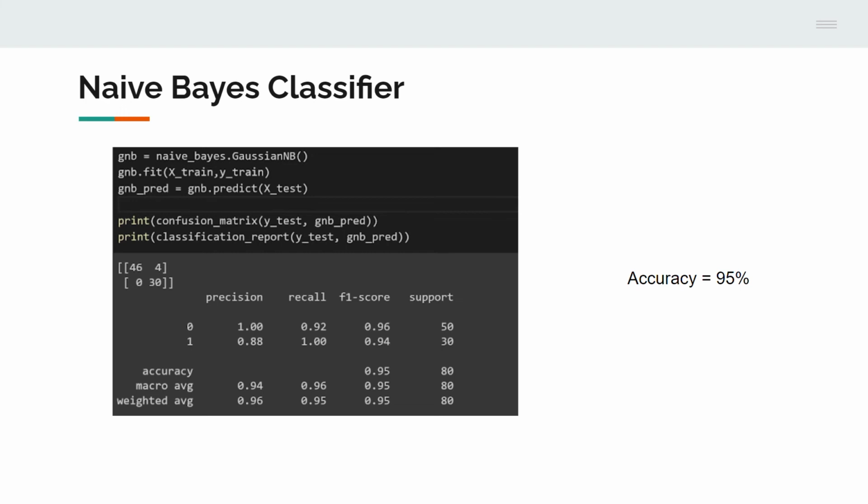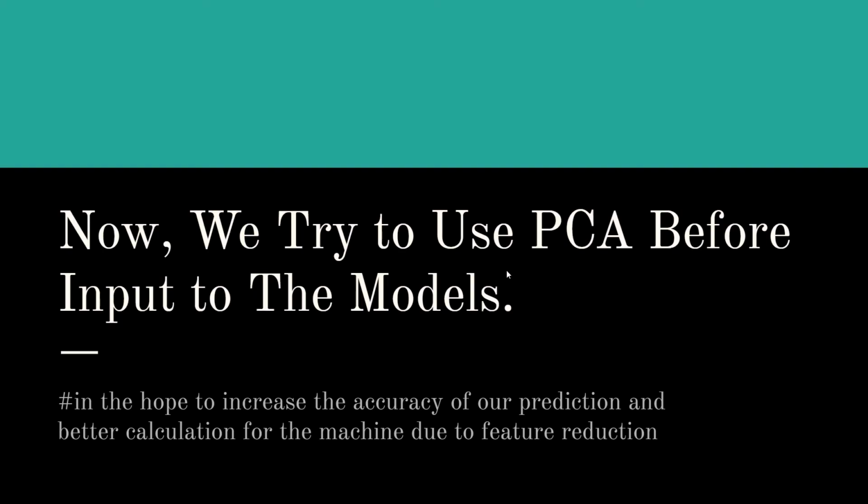It does not seem like a good choice, but we have to see if it is using the PCA. And what is PCA? PCA is basically a pre-processing method that reduces the dimension of the dataset. For example, in here we are using 25 features or dimensions. It is quite a lot for a machine to comprehend.